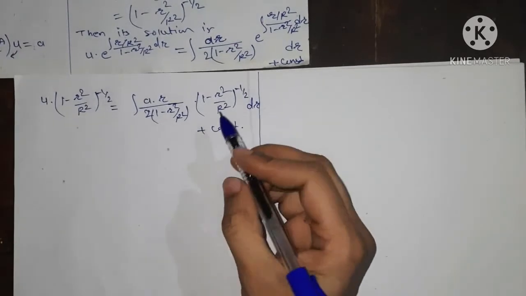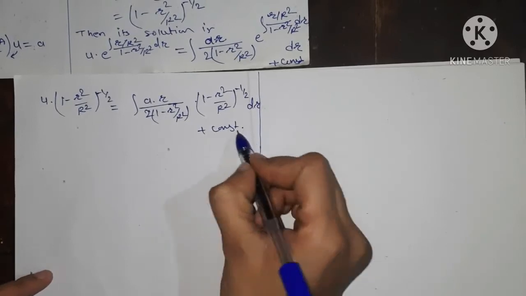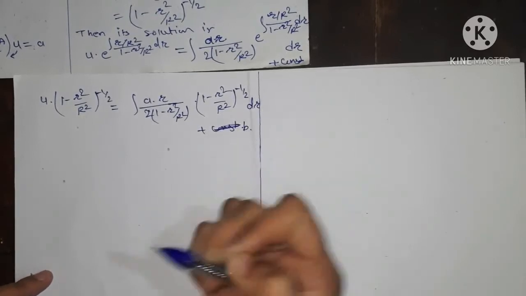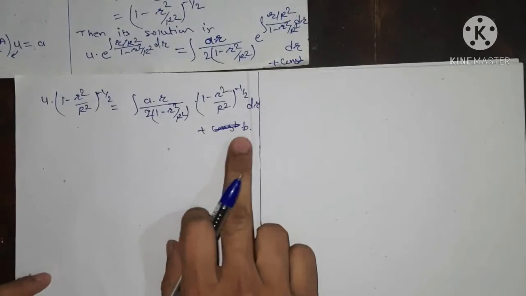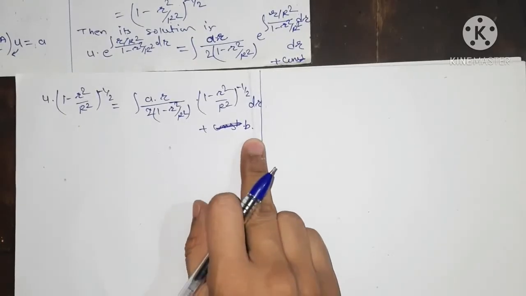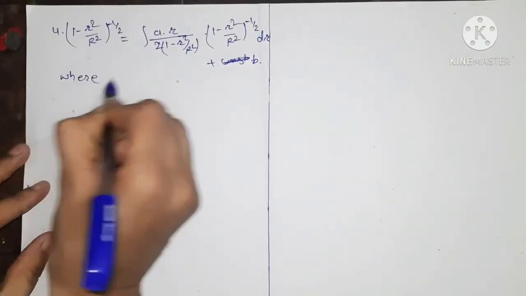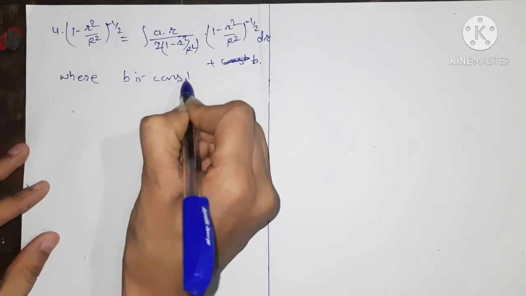We take this constant as equal to b, where b is a constant of integration.